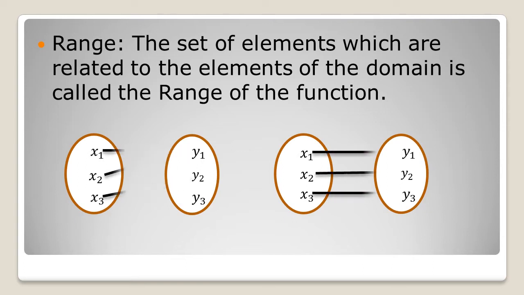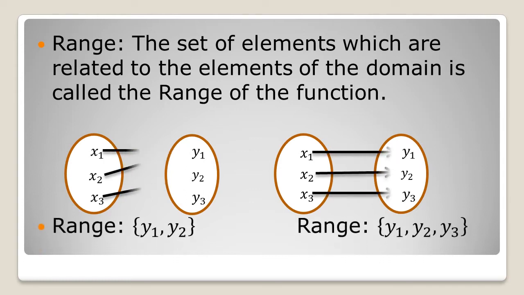Similarly, in the second diagram, the range is nothing but y1, y2 and y3, because all the three elements are images of some element of the domain. So the range of the first function is y1, y2, and the range of the second function is y1, y2, y3.